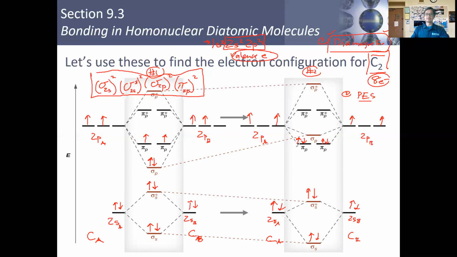The electron configuration that we obtained from this model is going to be sigma 2s, and we have 2 of those. We have sigma 2s antibonding, with 2 electrons there, and then we have pi 2p, with 4 electrons there.